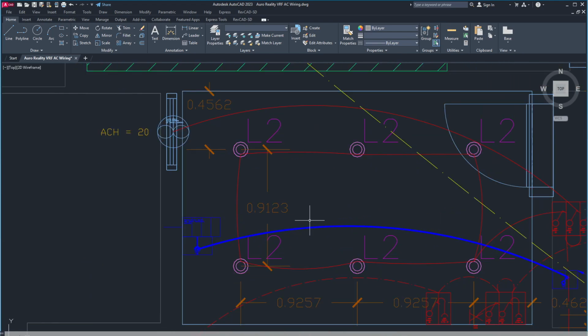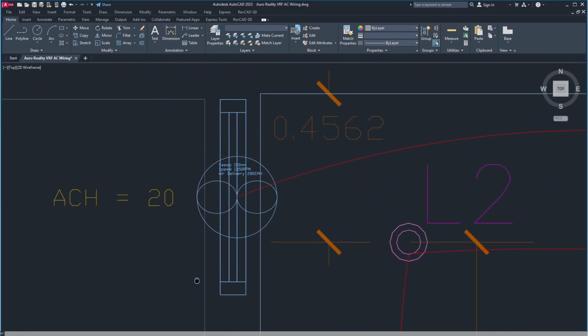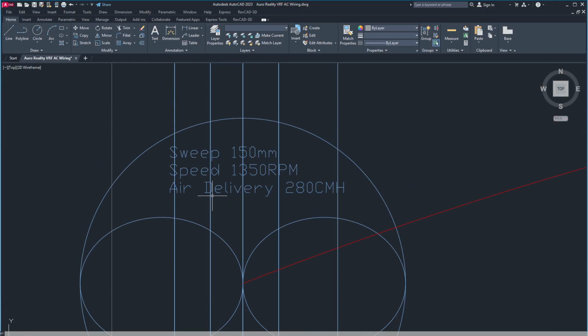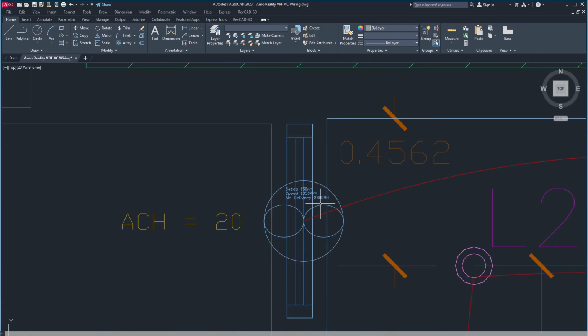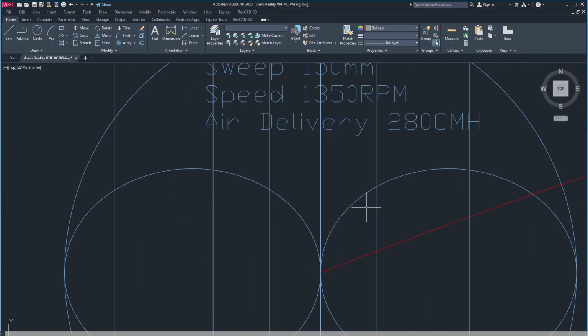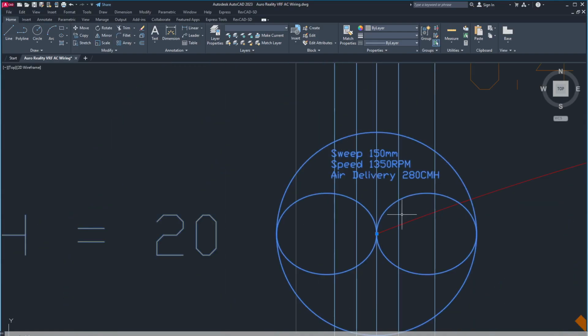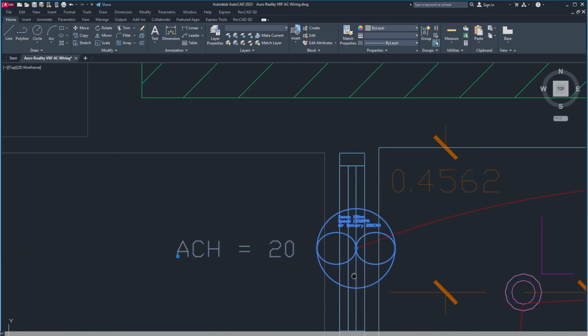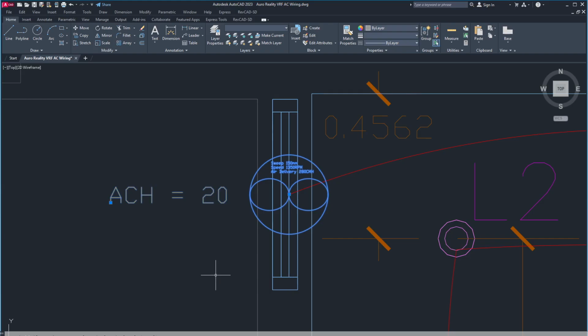It can't be below 12. So I have calculated this volume. Based on this volume and based on the air delivery, this value is calculated. This is coming out to be 20. So this is adequate. This fan which I have designed for this one is proper.